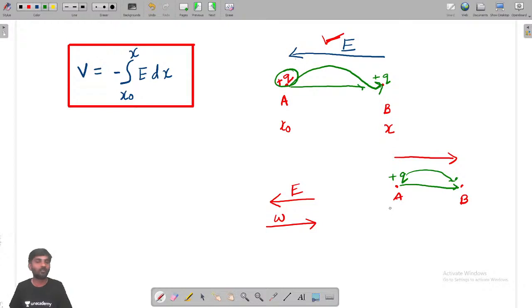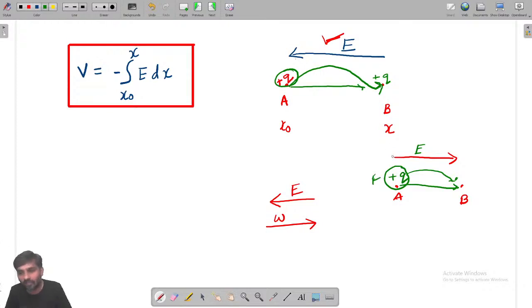Do you think it is going to be the integration of E dx? No, you don't need any work to be done, because you have some electric field, and as we just discussed, this positive charge feels some force.